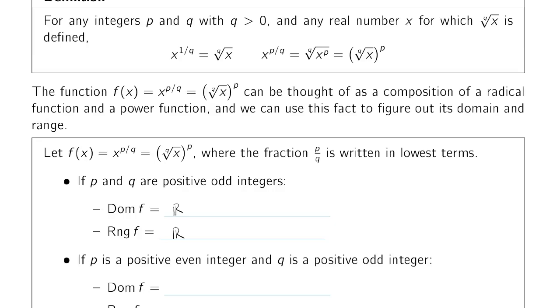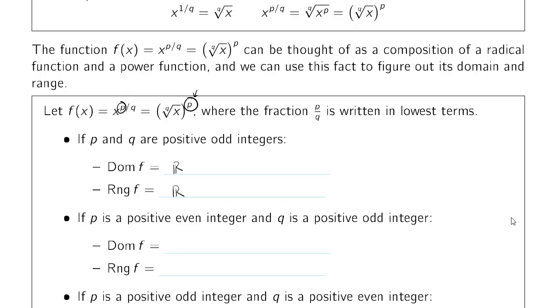Now, if p is even, so the numerator in our fraction, the power function in our composition, is even. We're taking an odd root, so the domain is still all real numbers.